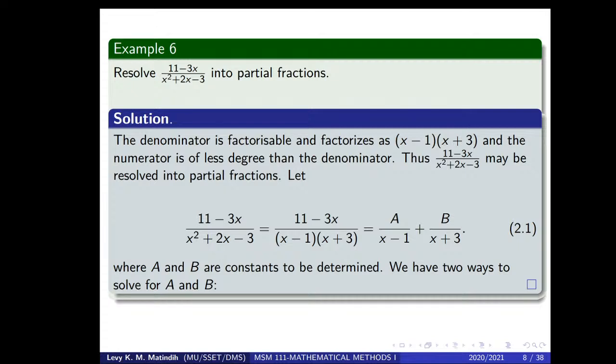The other thing is, it's satisfying property number 2 because the denominator is factorizable. It's not about the numerator, it's about the denominator. You are going to have questions where you find the numerator is not factorizable. So this is about, is the denominator factorizable? Can you factorize the denominator?